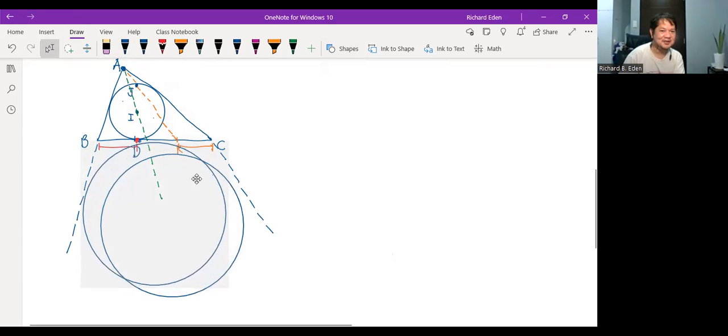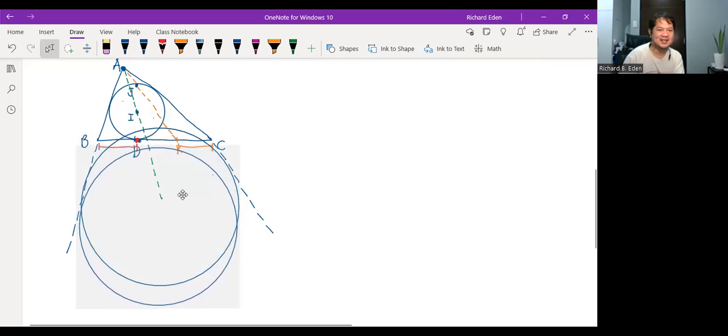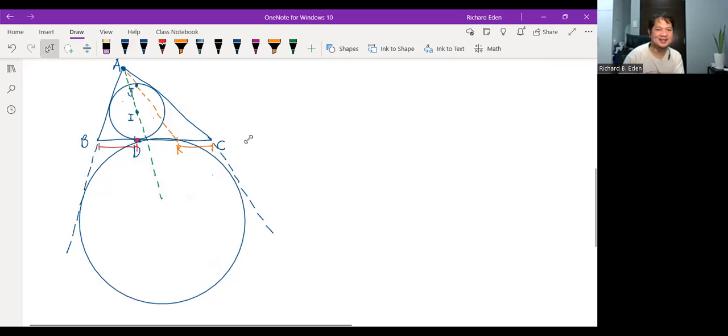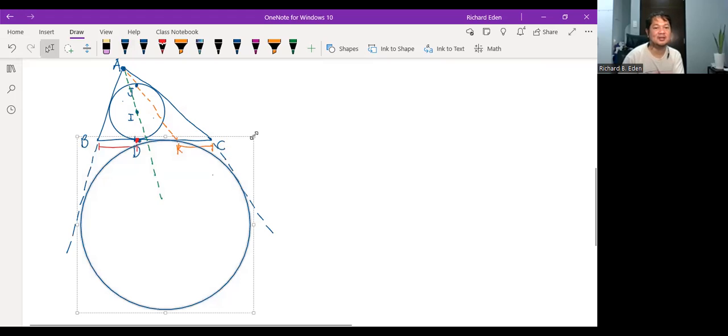Yeah, pero syempre spoiled tayo kasi we have technology on our side. Otherwise, mag-drawing talaga. Okay. Well, in the first place, it's not drawn to scale.